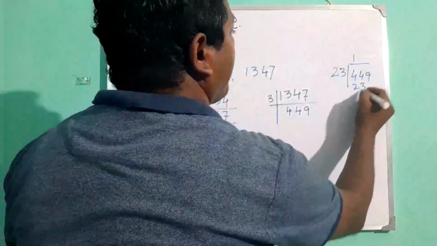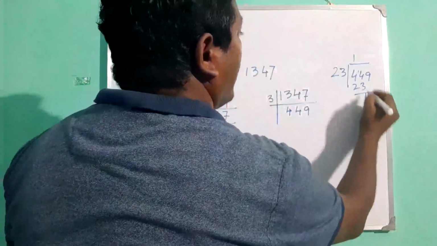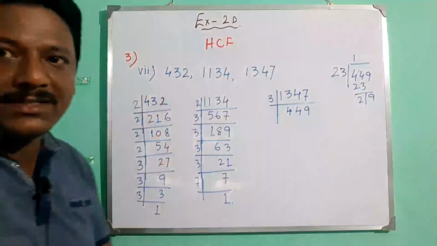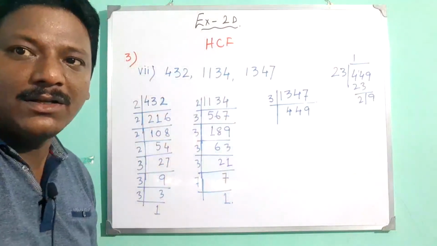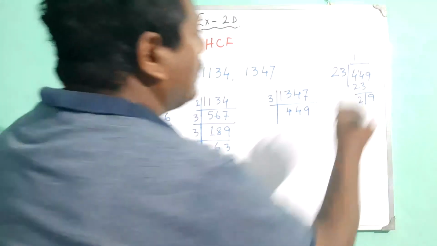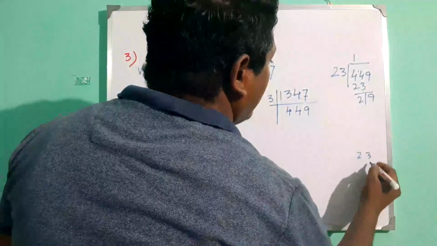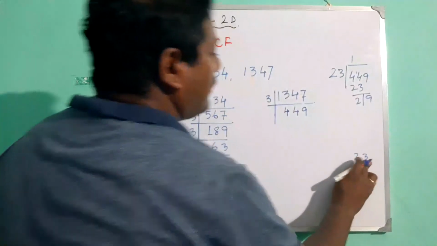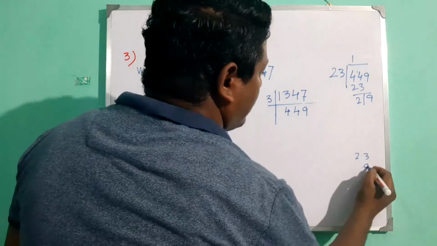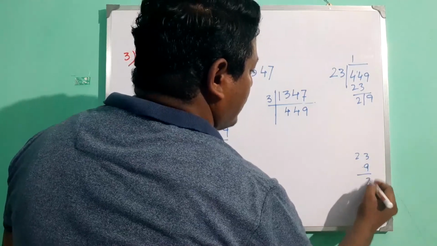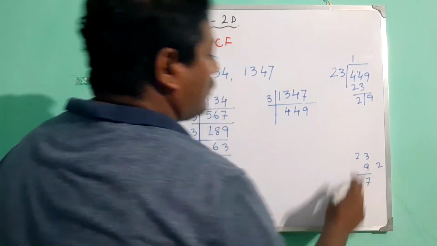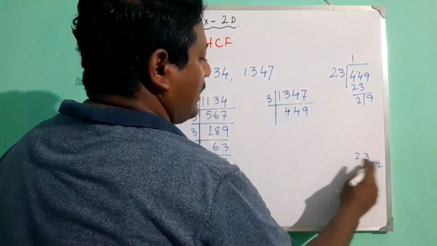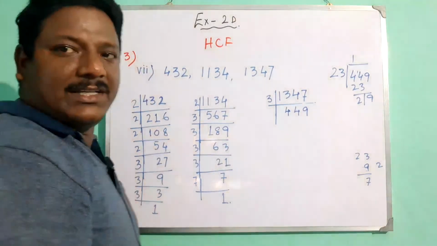23 one time... In the 23 table, does it go? It goes. So 23, let us see. 9 3s are 27, carry 2, 9 2s are 18, 20.